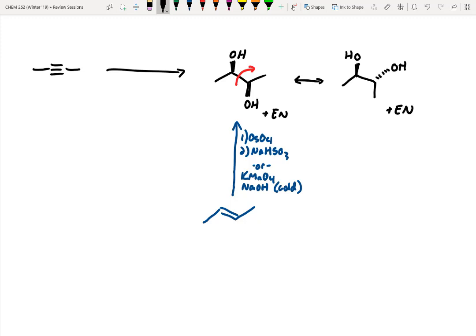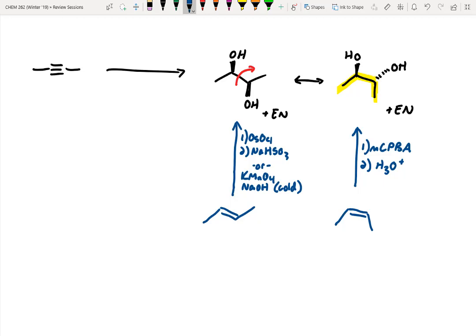If we think about this, we can make an anti-diol using what reagents? mCPBA, followed by acid and water, or you can just write that as H3O+. But do you notice this time our backbone is different, right? So our backbone for this looks like it must have originated from a cis alkene.